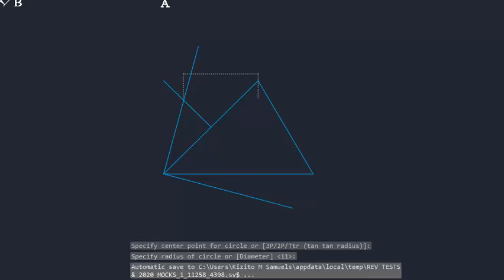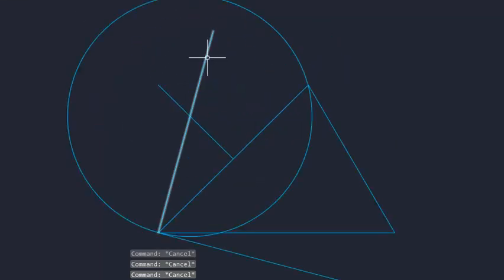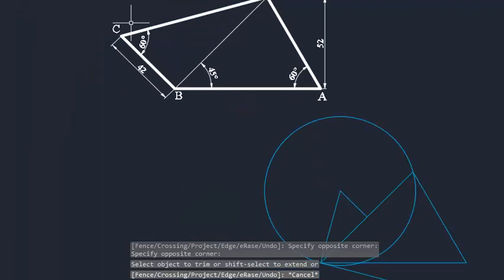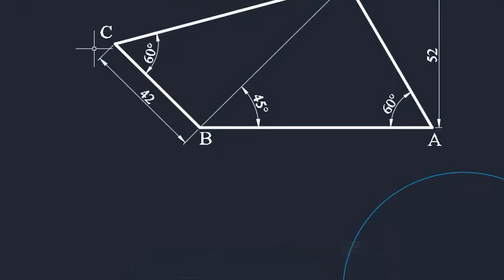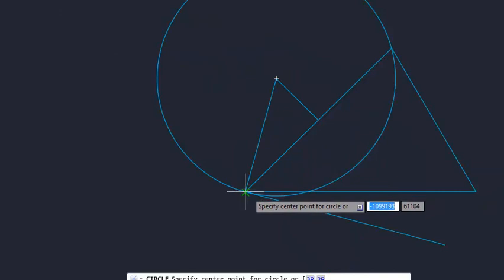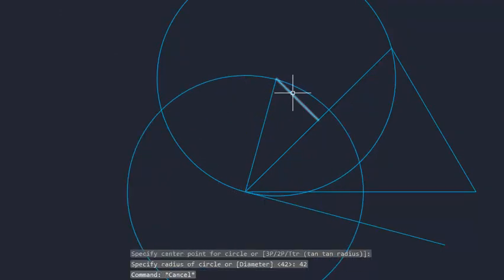And that circle will help you determine the rest of the other points that are remaining on the figure. After that, I will now measure this distance from B on the circle to get point C. That distance is 42.